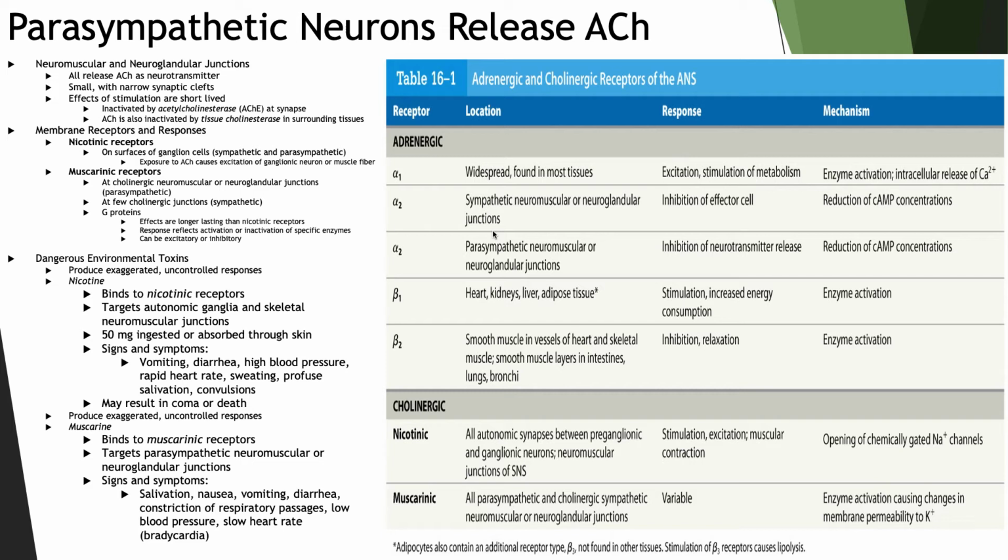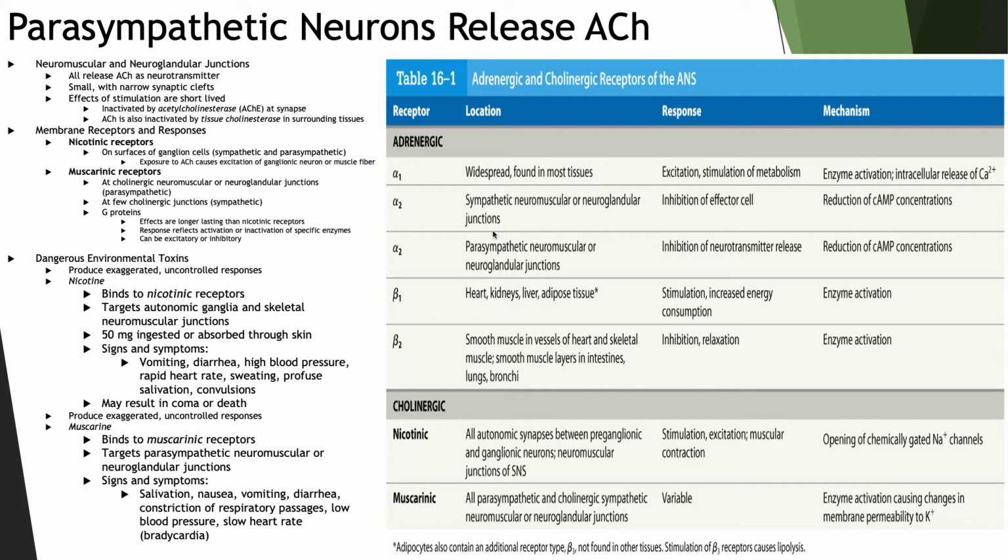These toxins have completely separate actions. Nicotine targets the autonomic ganglia and skeletal neuromuscular junctions. Muscarine acts at the parasympathetic neuromuscular or neuroglandular junctions, and they produce dangerously exaggerated, uncontrolled responses due to an abnormal stimulation of cholinergic or adrenergic receptors.